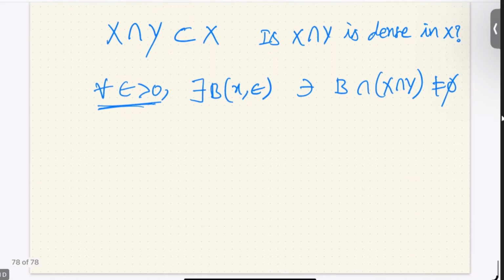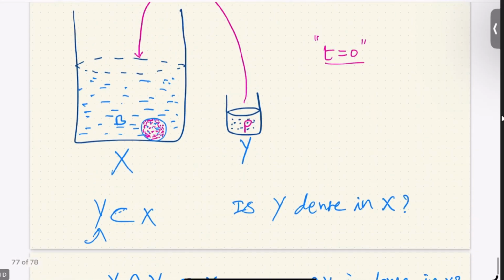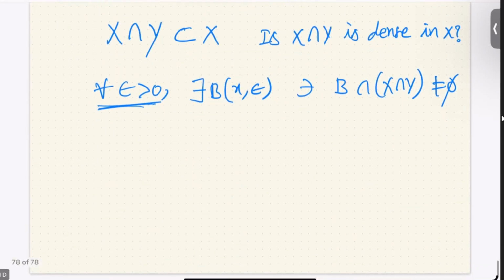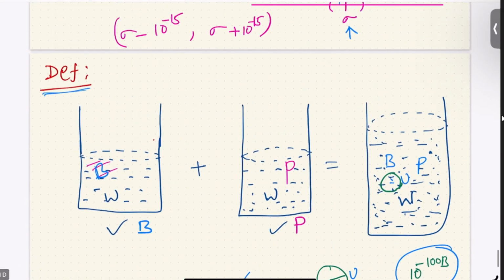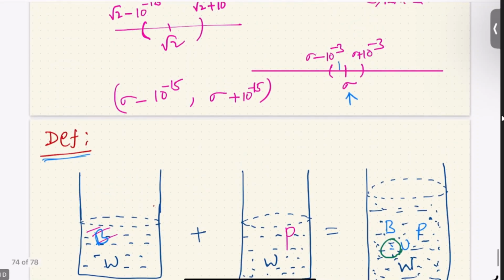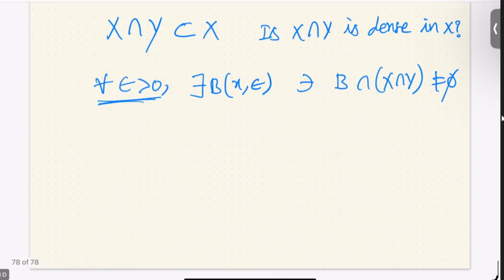But in many cases we need to look for somewhere denseness, which is like applying the dense property in a particular region. So this is all about the description of the gaps and the denseness relations with the particular reasonings.